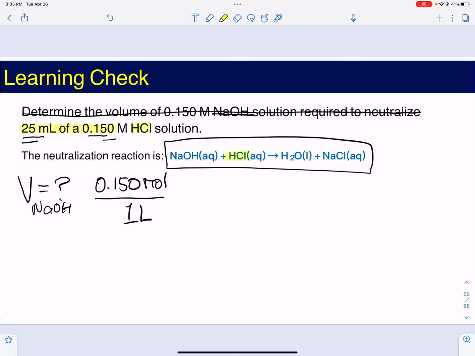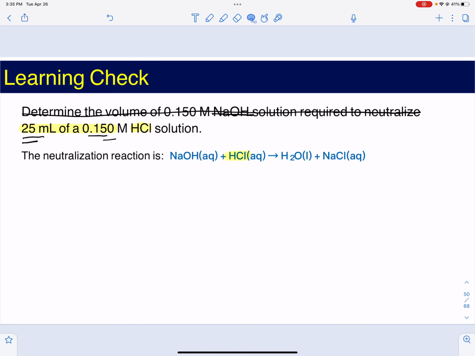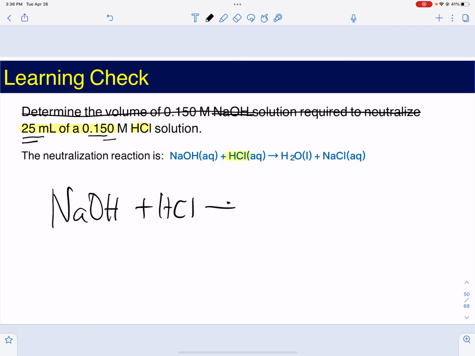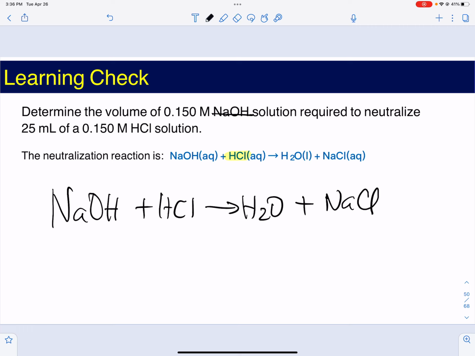What I recommend you do is write the equation in a way you can use it better. Make sure that it's a balanced equation. This one is. Then translate everything you have in the problem to the equation. What do I mean by that? NaOH is 0.150 molar, so 0.150 moles for every 1 liter.